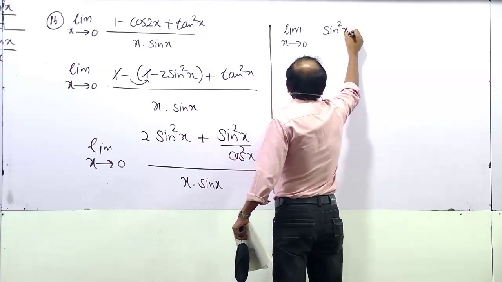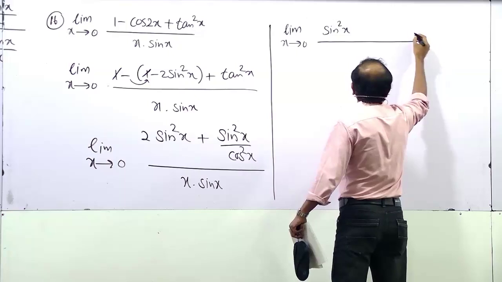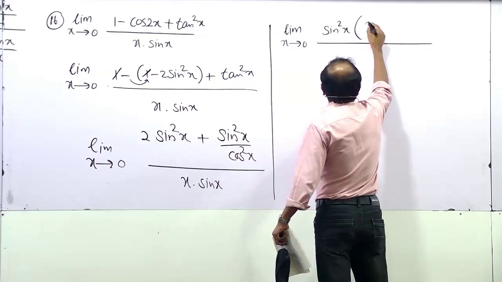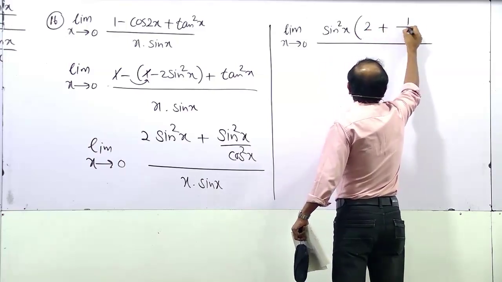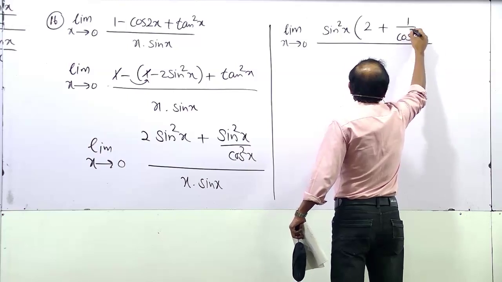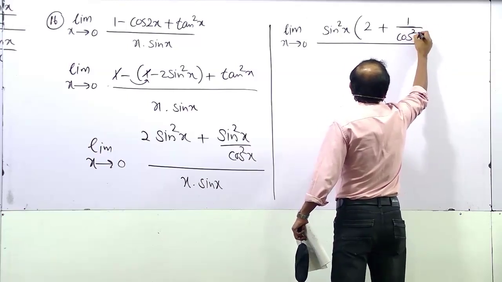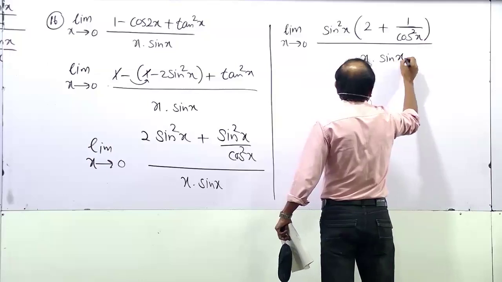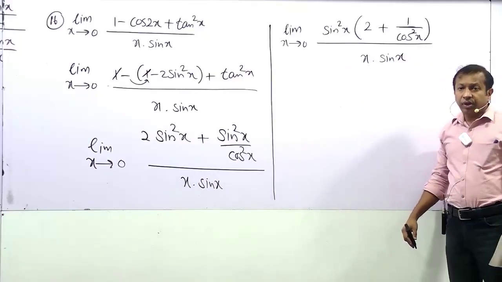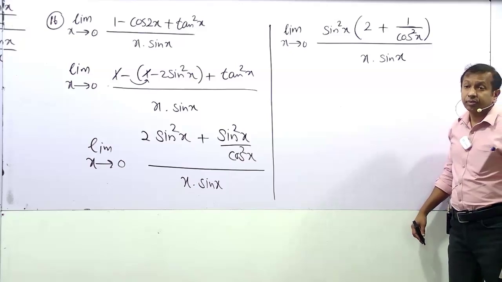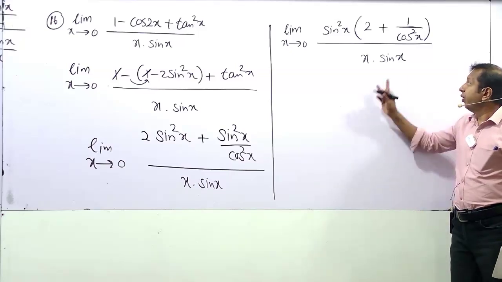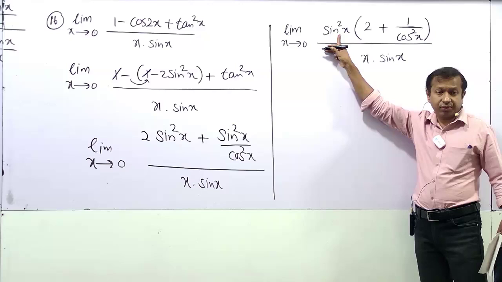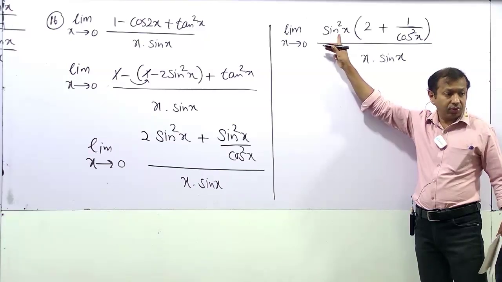We write, taking this sin squared x out, within bracket we have 2 plus 1 over cos squared x, over x into sin x. Tell me one simplification there. People, tell me one simplification there. One sin x we can cancel down with this sin x of sin squared x. Remember to get 1 sin x here, no? Right.